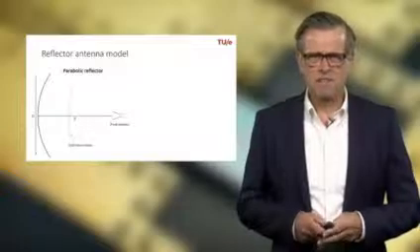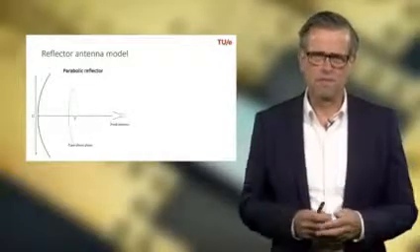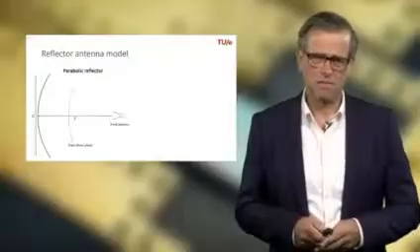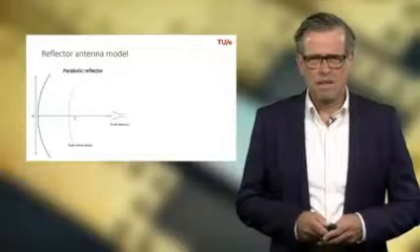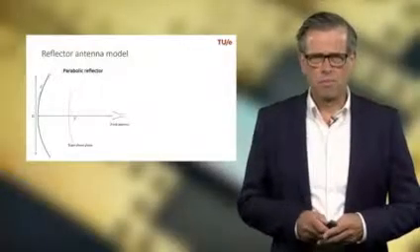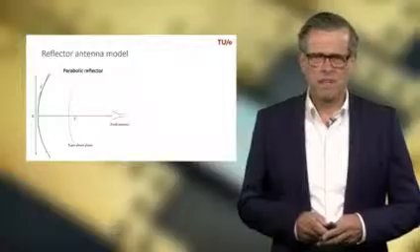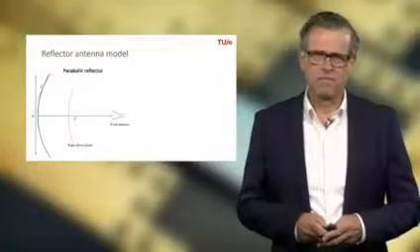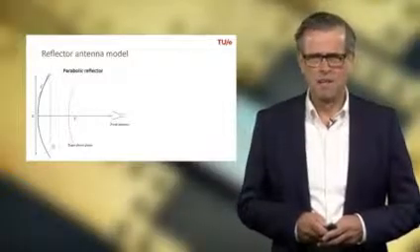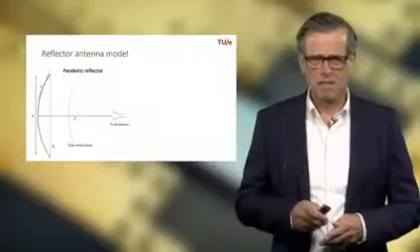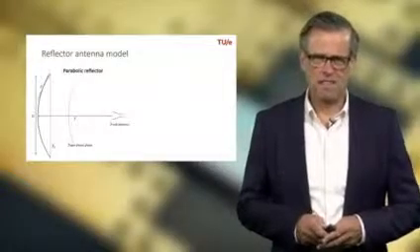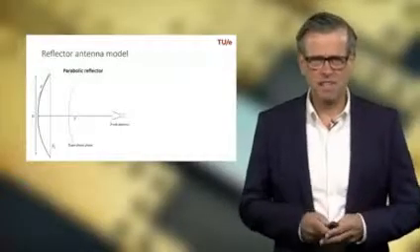This feed antenna generates a spherical wave that will propagate towards the reflector. Now, let us take a closer look at this particular point A on the reflector, as indicated here in the figure. Let's assume that we have an aperture surface, as indicated here by SA.